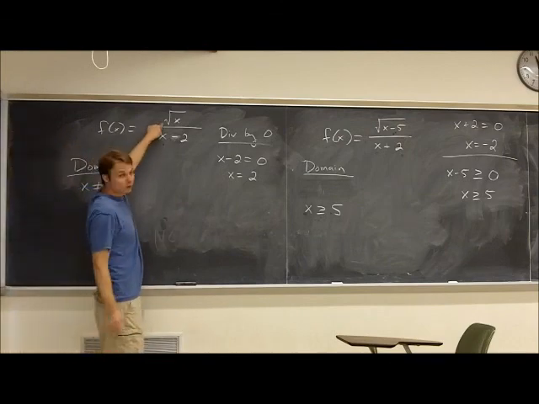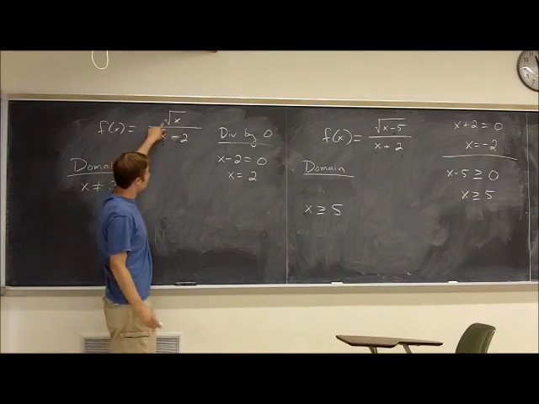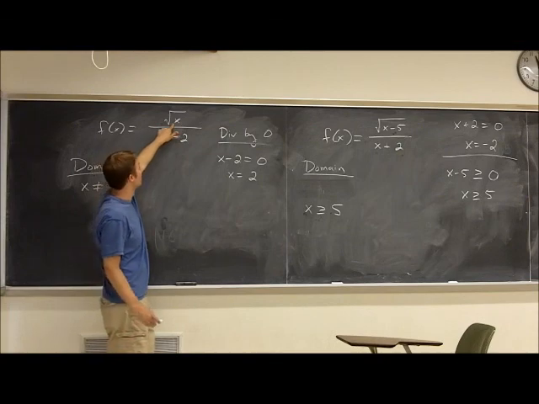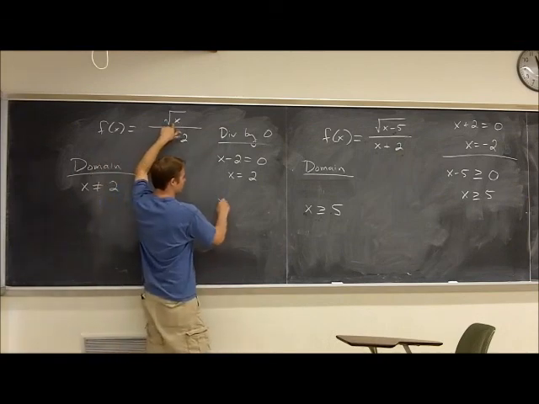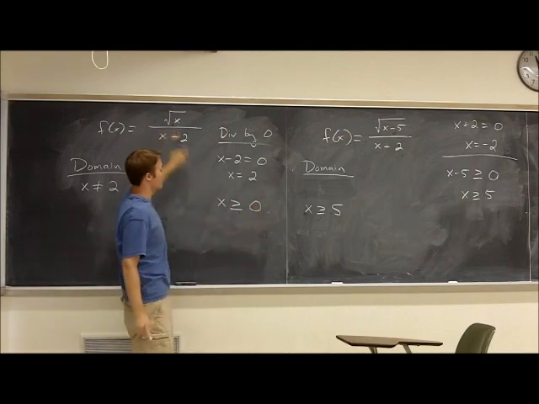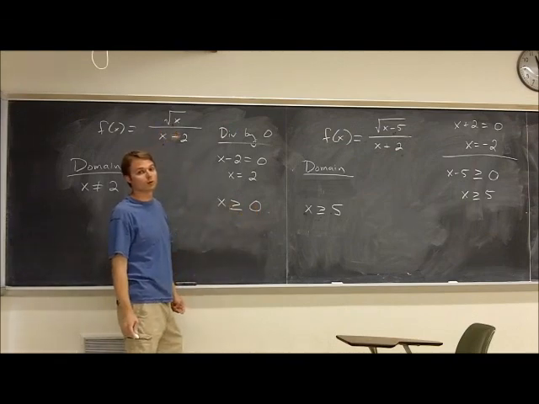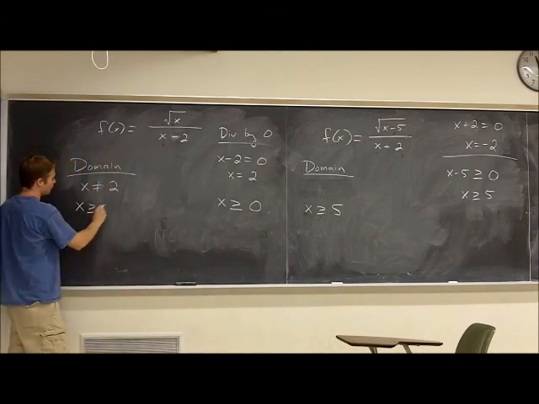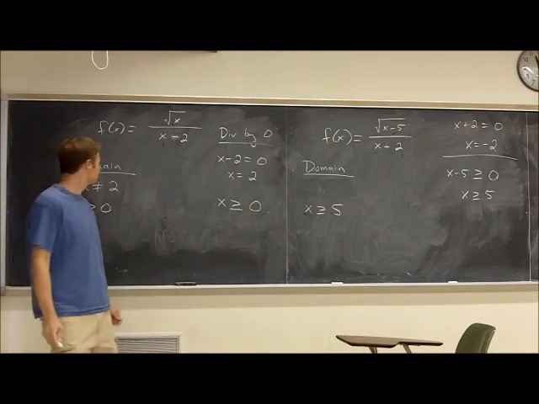What is the other thing? Well, the square root of x. It would be bad if whatever's under the square root is a negative number. Whatever's inside the square root symbol, in this case just x, it better be greater than or equal to 0. So that's the other part of my domain.